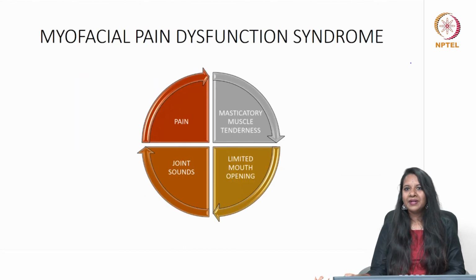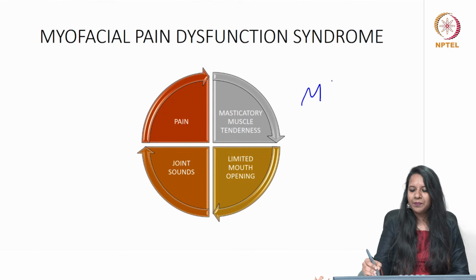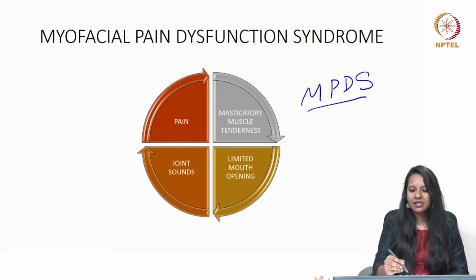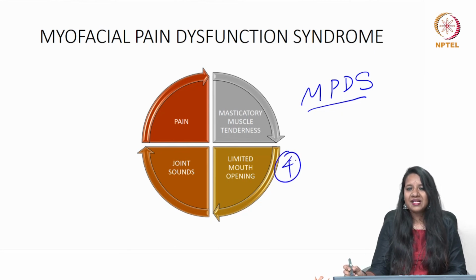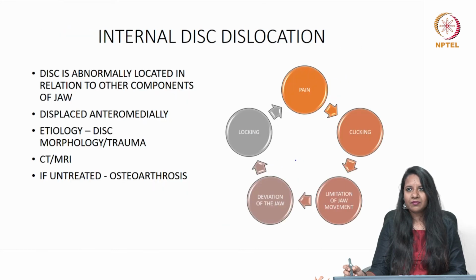There is a syndrome related to the temporomandibular joint. It is myofascial pain dysfunction syndrome, shortly called MPDS, which is characterized by these 4 criteria, that is pain in the joint, masticatory muscle tenderness, limited mouth opening with joint sounds.